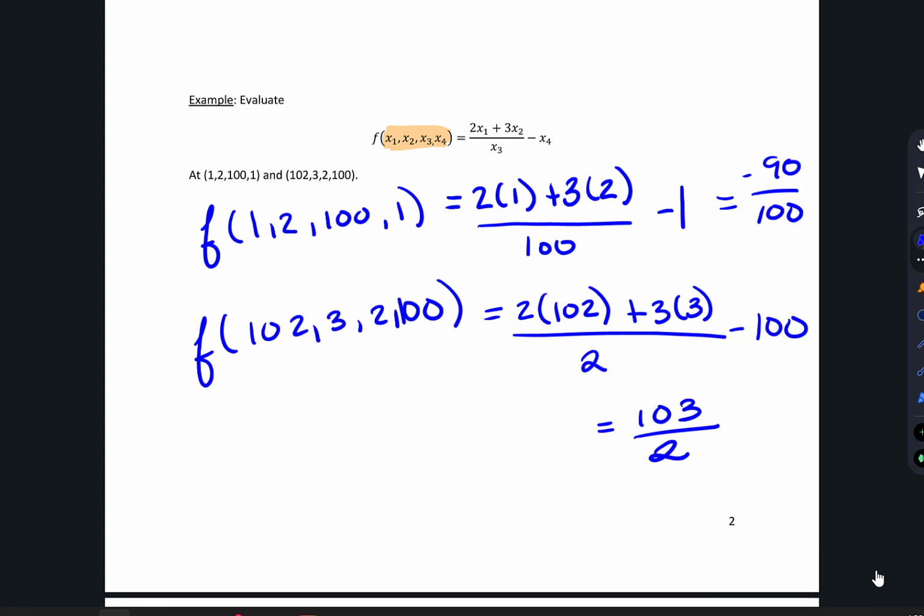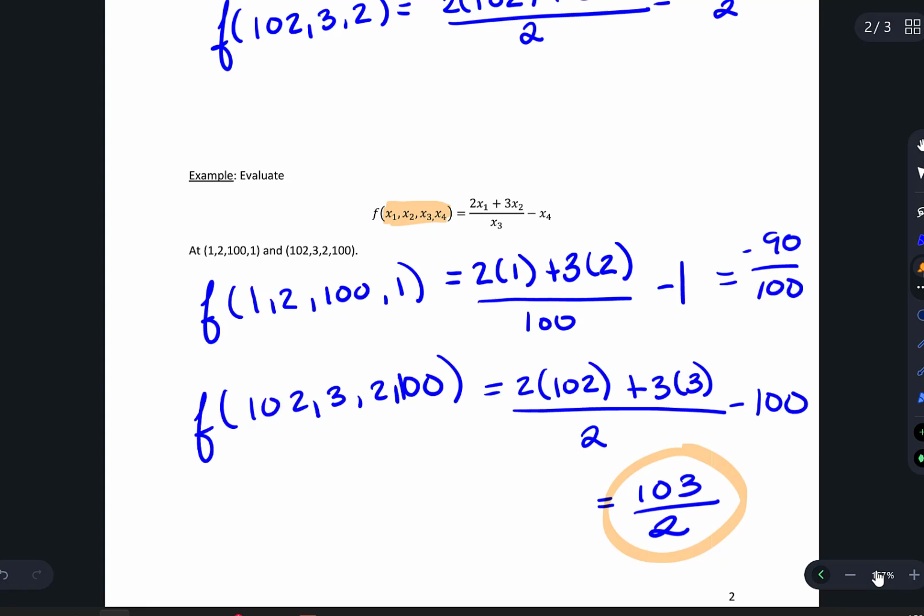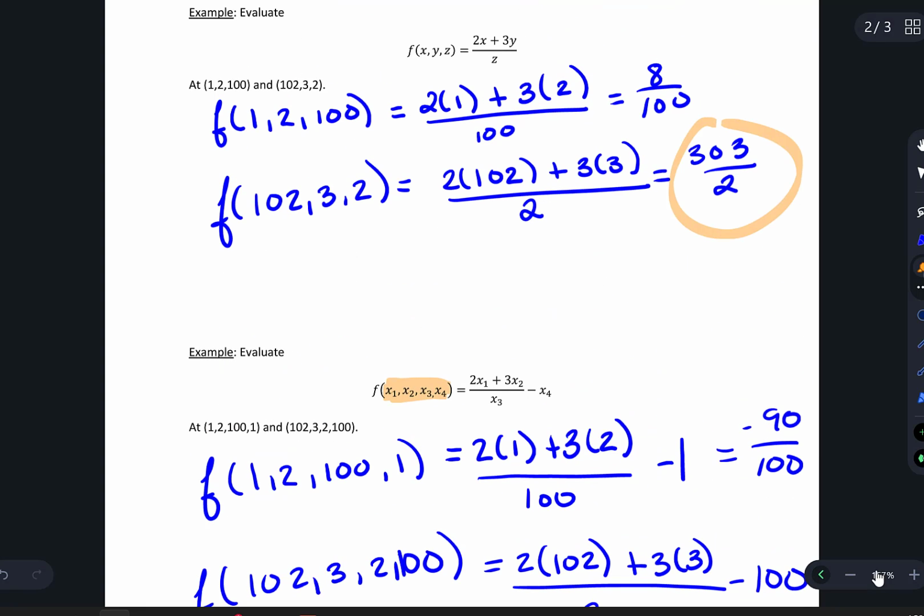So you'll notice evaluating functions with more than one independent variable is very, very similar to what you have seen before. It's just now, instead of plugging in one number, we're going to have multiples. But the important thing is, for this particular type of function, notice that when we evaluate the function, even though we have multiple inputs in our domain, we only have one output for the range.